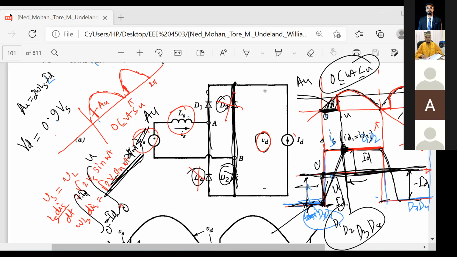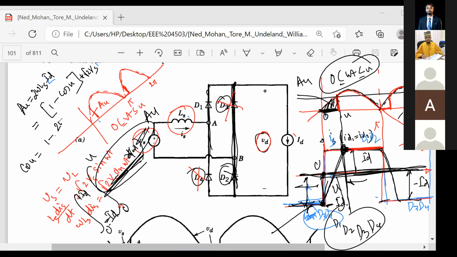The rest of this one is the same as before. We integrate this one, 1 minus cosine of u, and there should be root 2 Vs. And then cosine of u will come as 1 minus 2 omega Ls Id divided by root 2 Vs.